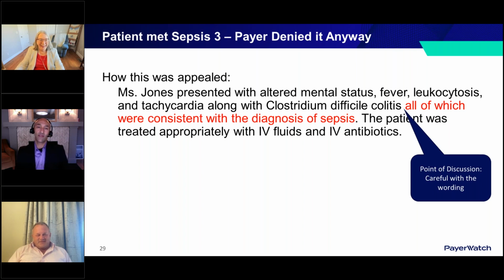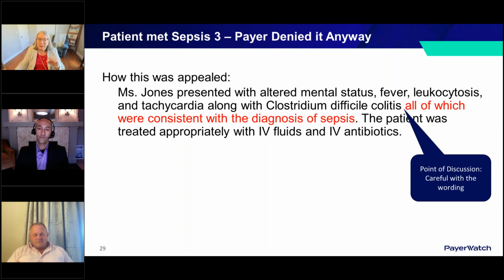So in this appeal, if the physician in the documentation does not connect the dots and pull it all together and say that the altered mental status is part of why he was diagnosed with sepsis, then in the appeal, I don't like to step over that line.